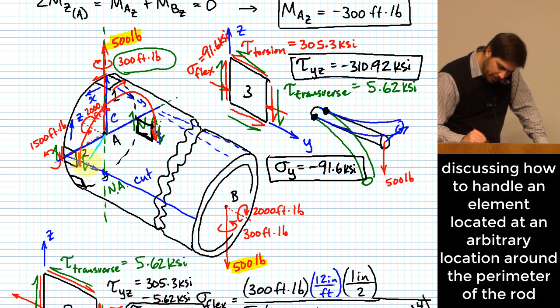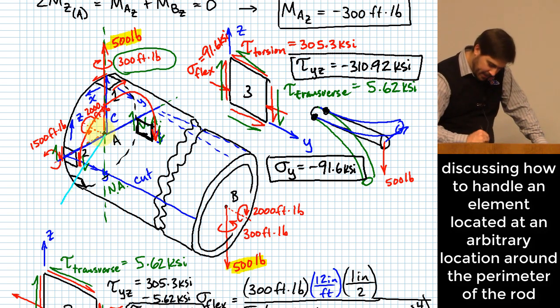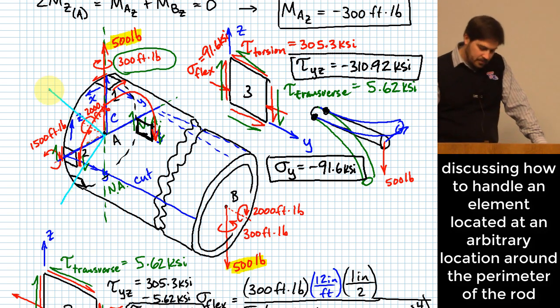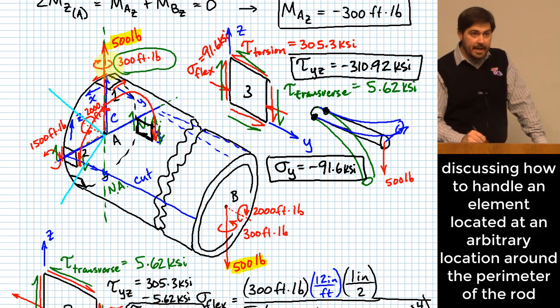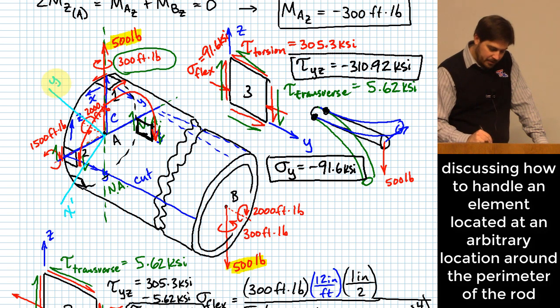I could set up a coordinate system such that it had an axis that went through this patch, and also had a direction that was perpendicular to it. Well, each of the applied forces or moments that I have at location A, I could transform into being a combination of forces and moments in this new coordinate system, right? I could maybe call this x prime, and I could call this z prime.